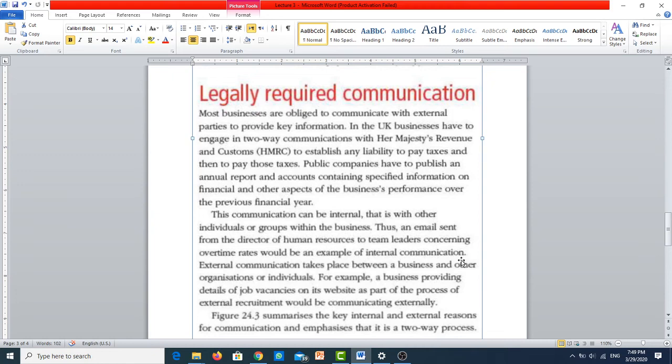And different companies also publish annual reports, and those reports contain information which is registered in stock exchanges. So the information given in that report must be properly maintained, because this is the source of investment.